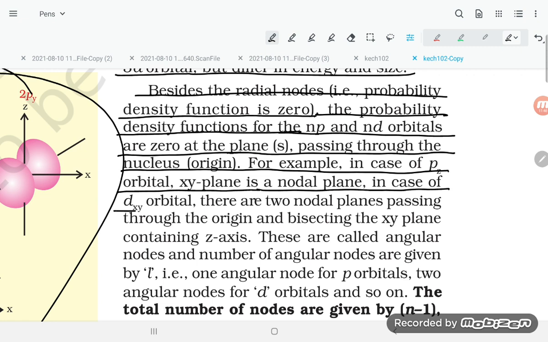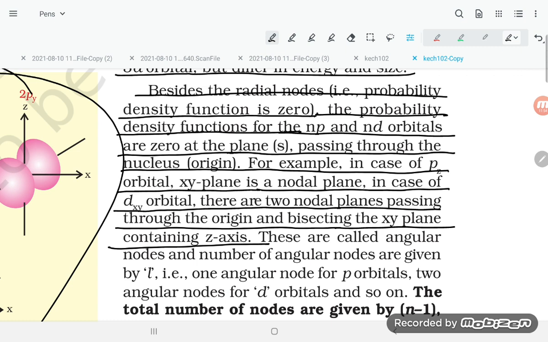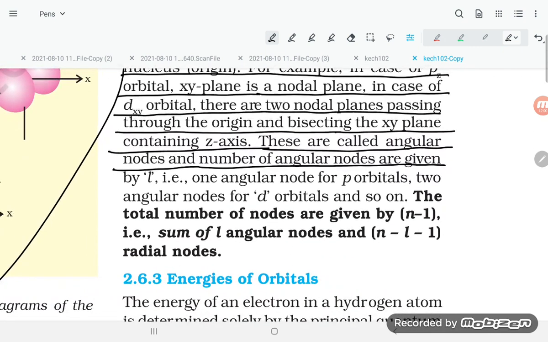In case of dxy, there are two nodal planes passing through the origin and bisecting the xy plane containing the z axis. These are called angular nodes, and the number of angular nodes is given by L, that is 1 angular node for p orbital, 2 angular nodes for d orbital, and so on.